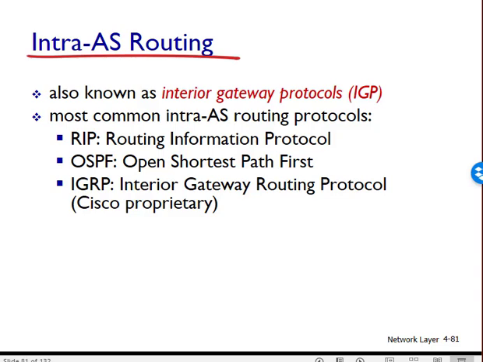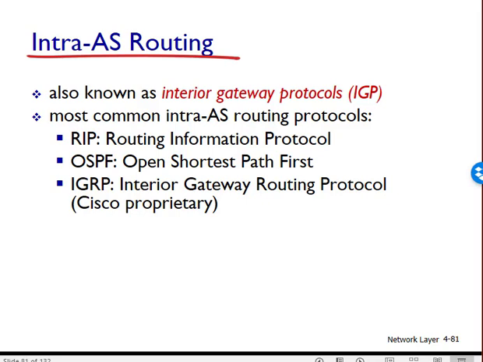An intra-autonomous system routing protocol is used to determine how routing is performed within an autonomous system, that is, a system under a single administrative authority. Intra-autonomous system routing protocols are also known as interior gateway protocols. In fact, that is probably the most common term, interior gateway protocols.